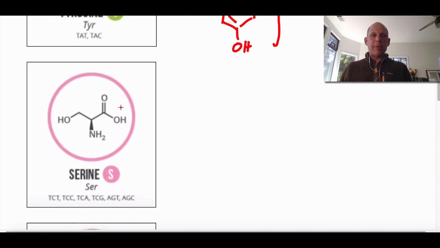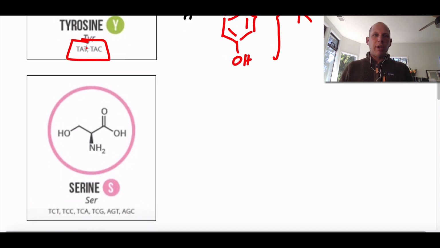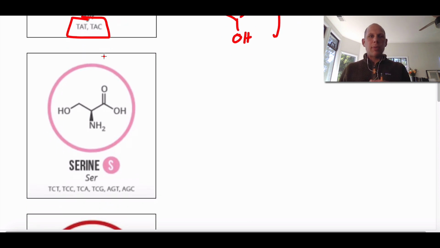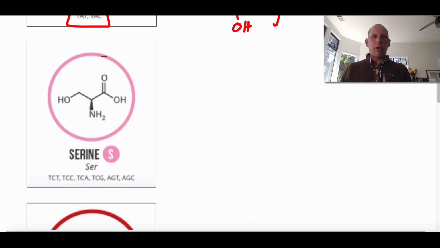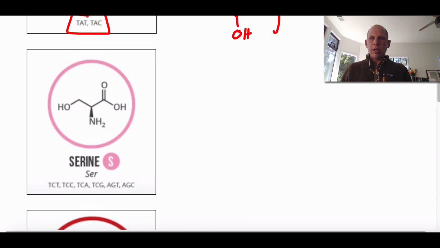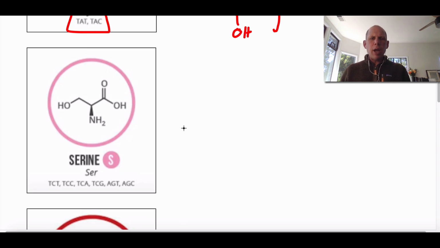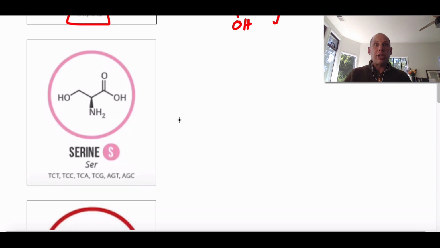Here we have serine, and those are the codons, by the way. Remember, that's TAT, so that would be AUA, and TAC, that would be AUG, if we're thinking about DNA to messenger RNA. So let's do serine here. These are different amino acids, remember, that would come together to form a larger protein. It's going to have a specific structure. I keep saying that. So let's do the N-terminus here. NH.